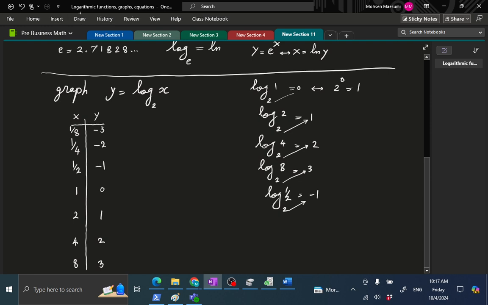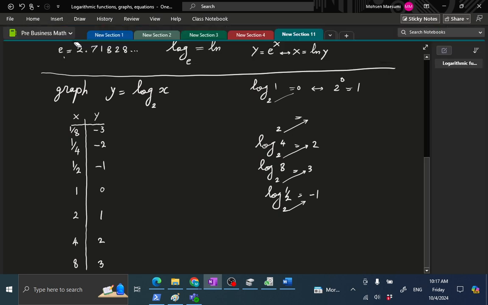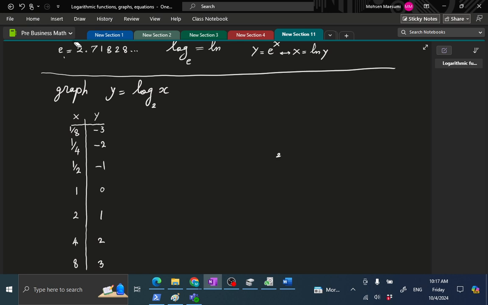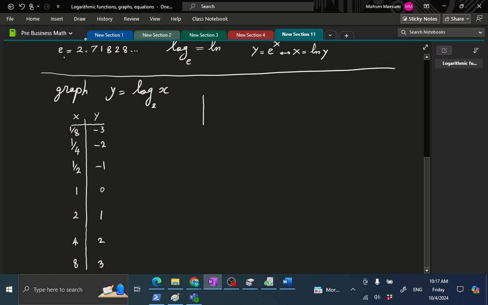So once we have all of these, we can easily graph our values. Let me erase these so that we are ready for graphing. Here's my y-axis, here's going to be my x-axis.